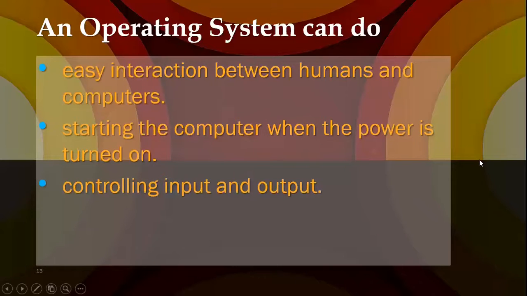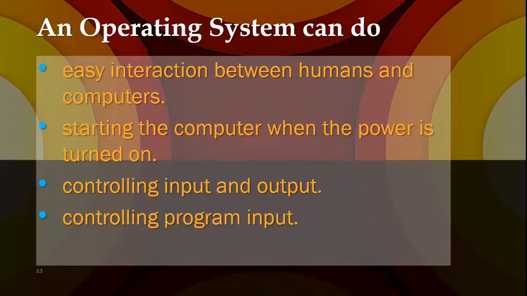Okay, and an operating system can control input and output. Really, if you have an external mouse or keyboard, it checks the USB port to see whether there is one or not. It also controls program inputs.